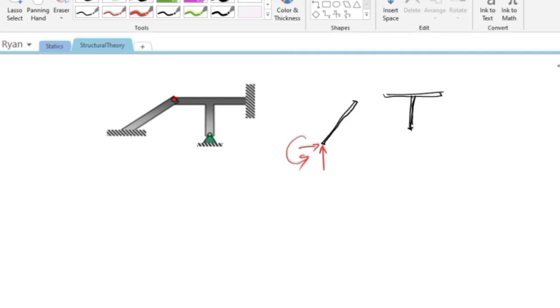And then here, we have 2 reactions. And then here, this is fixed support. So, meron tayo ditong tatlong reaction. And this is a hinge. So, meron tayo ditong dalawang reaction. So, tatlo dito, dalawa dito. We have 3 here and we have 2 here.